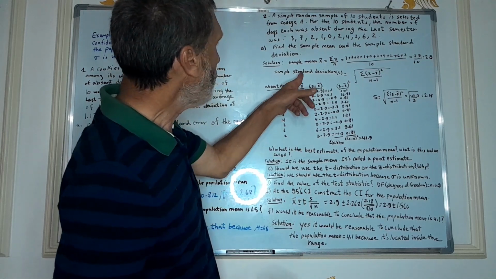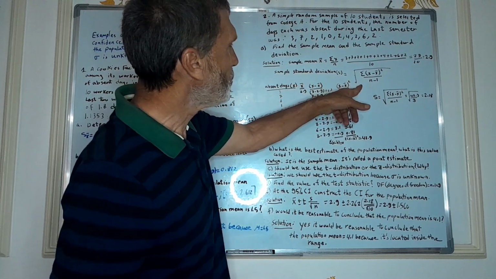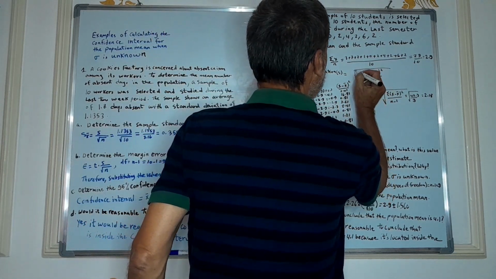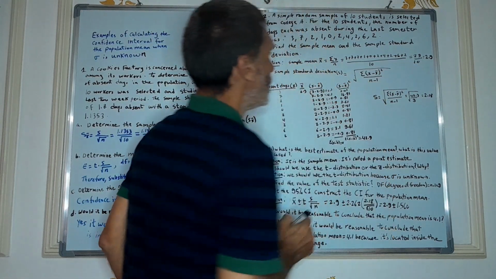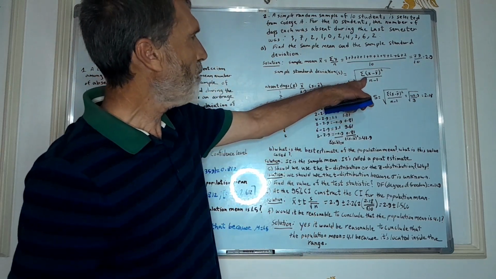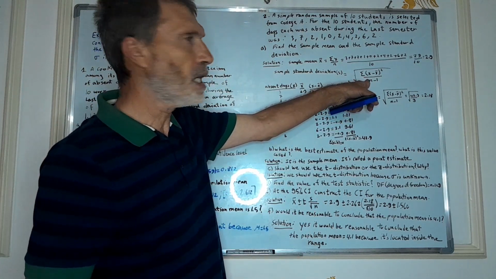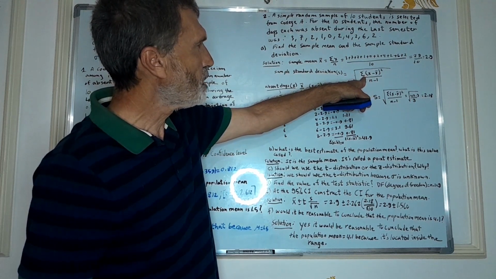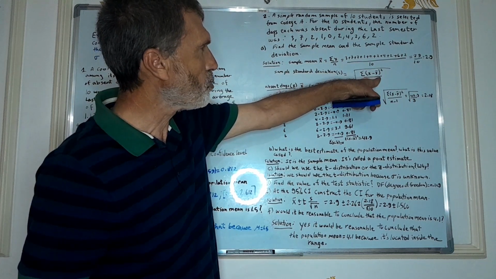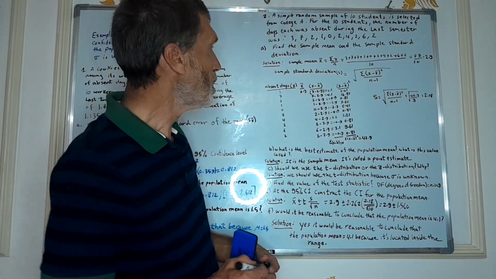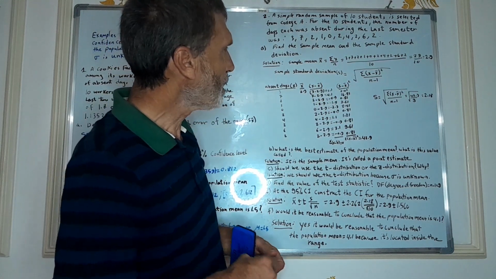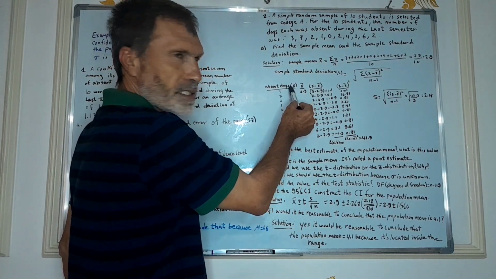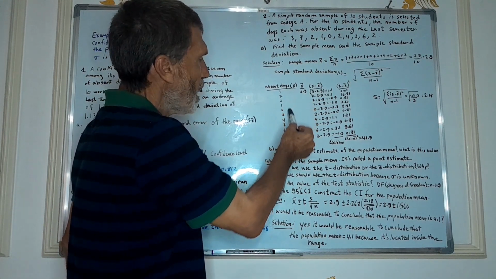Now, the sample standard deviation. This is the formula: the sample standard deviation is the square root of the summation of x minus x bar squared over n minus 1. Implementing this, we start with absent days, this is the variable x.